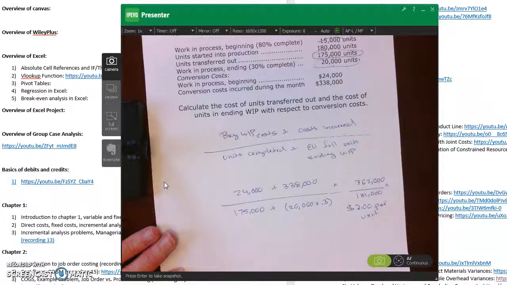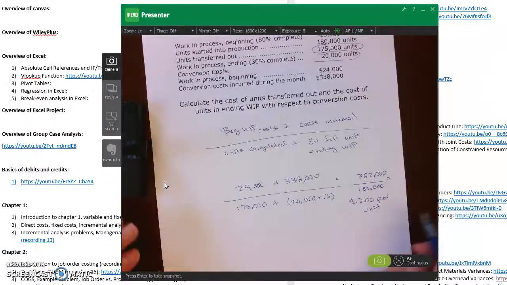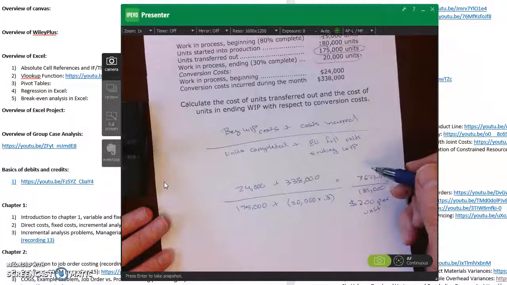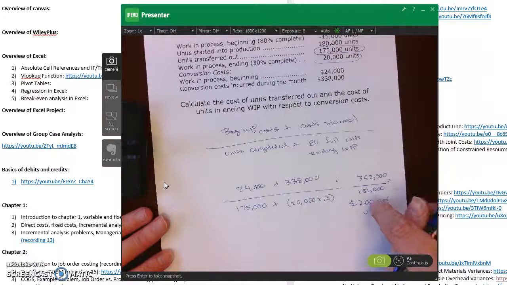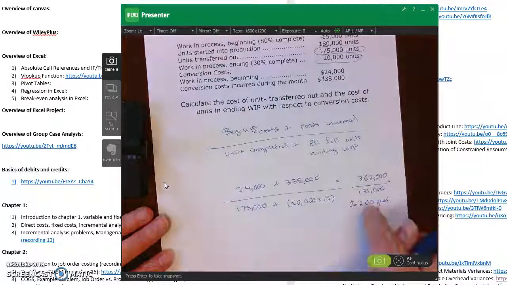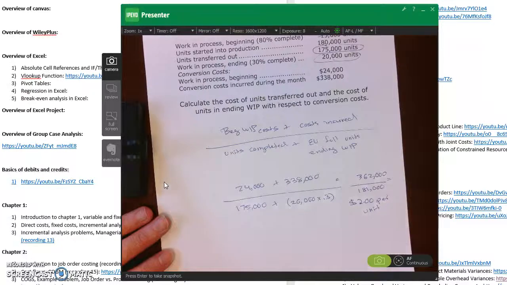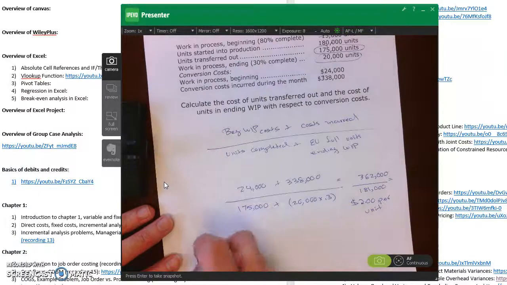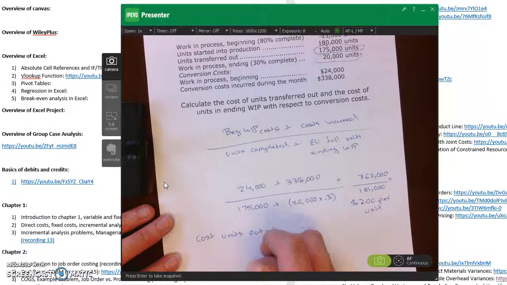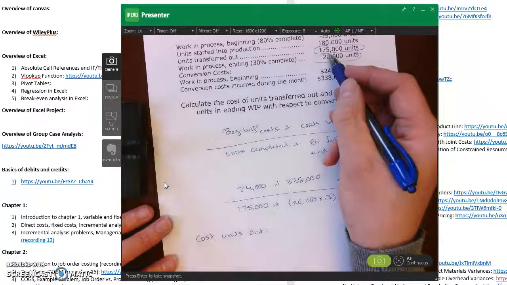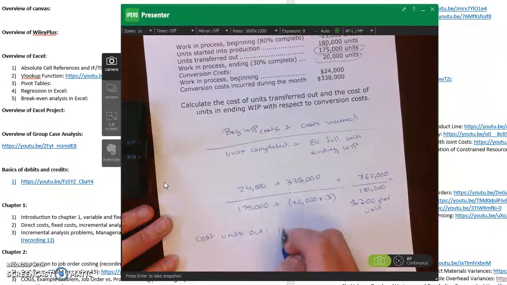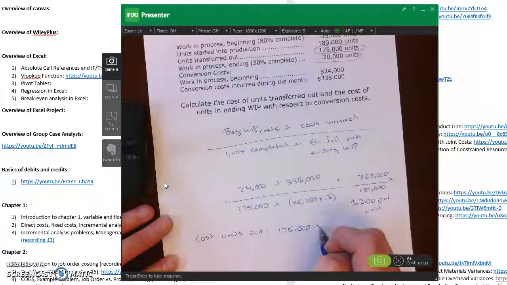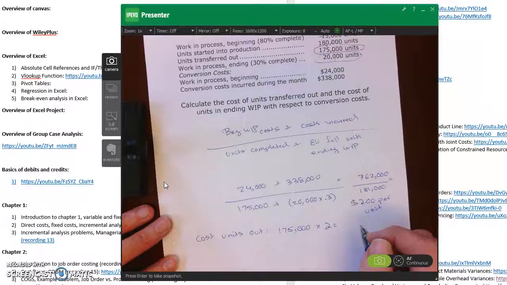Now we want to figure the cost of the units transferred out. In order to do that, I first have to figure out the average cost per unit, and I have to do the same thing to figure out the cost of the units in ending WIP with respect to conversion. So the cost of units transferred out would be equal to the number of units transferred out times the cost per unit, and that gives us our $350,000.